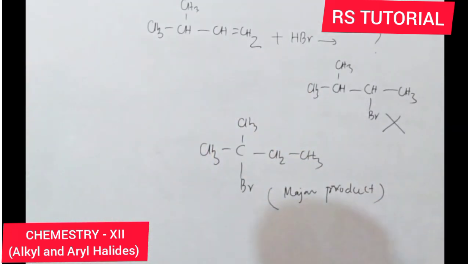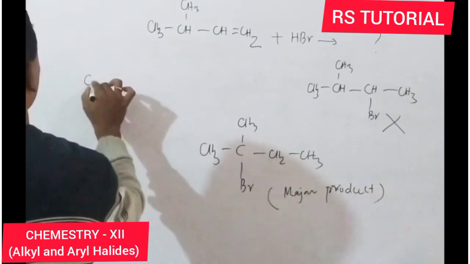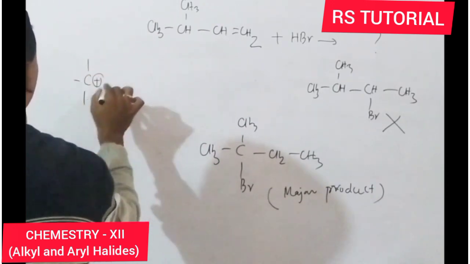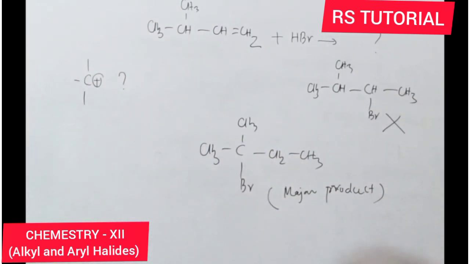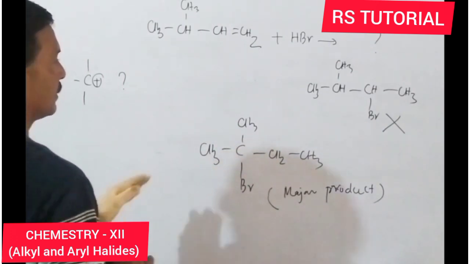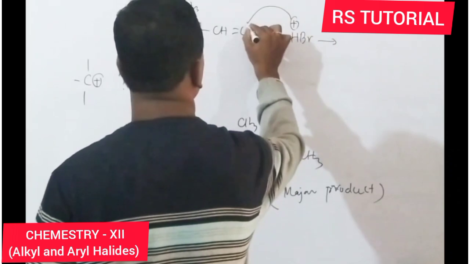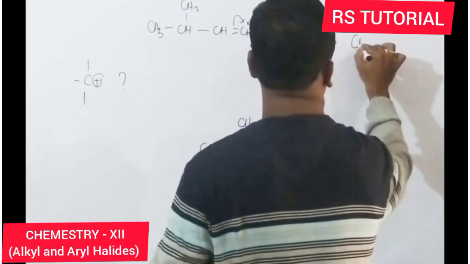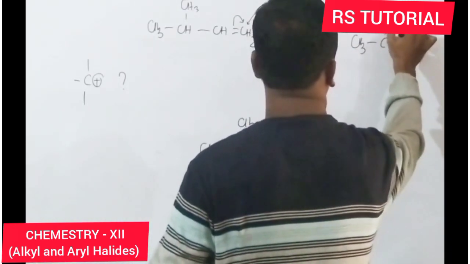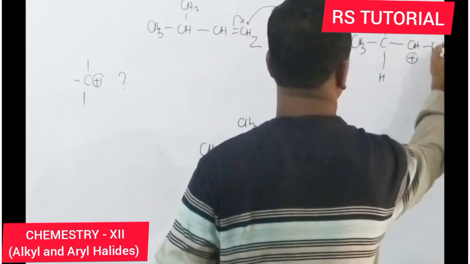So another question asked in this reaction: what is the carbocation intermediate? This one is also a question. Okay, then you have to follow the mechanism. See, first of all you add H plus to here, CH3, CH3, H, CH plus, CH3.